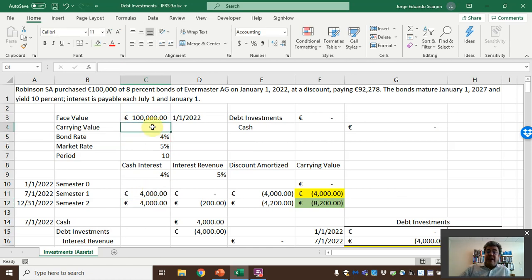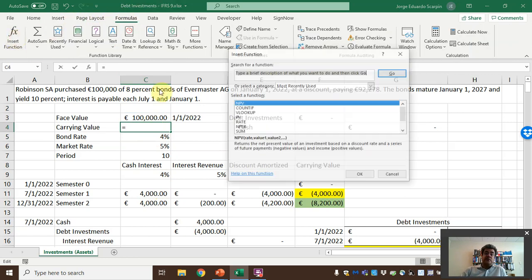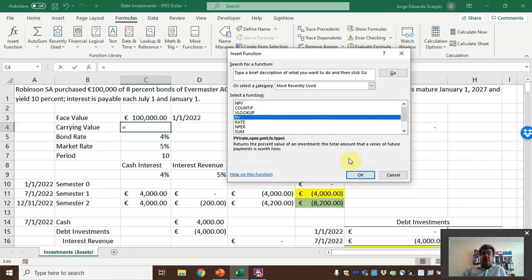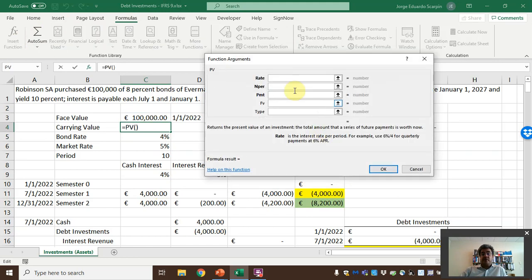So the carrying value or the fair value of this debt investment is a problem of present value. So let's insert the function here, present value. Rate: market rate. So from now on, market rate. Number of periods: 10 semesters. PMT is the interest paid semi-annually, so negative payments, 4,000 euros.